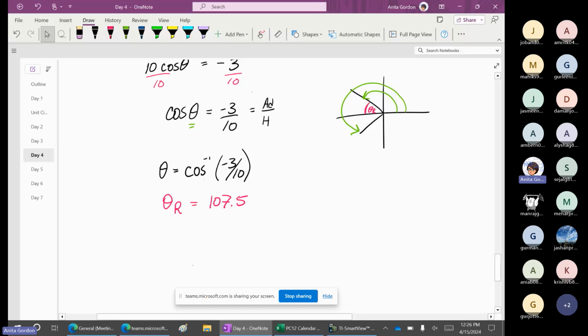On the unit circle, this pink angle is 107.5. How would I find what is this standard position from the beginning? What could I do? 180 minus 107.5. So my first solution is, what's the number?